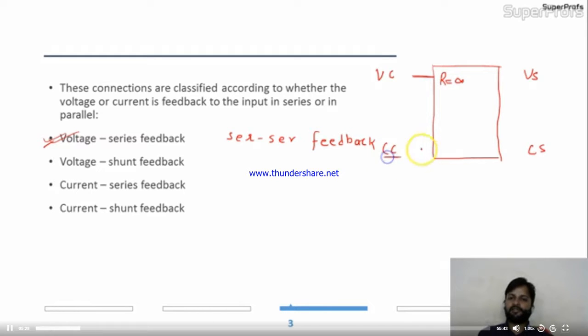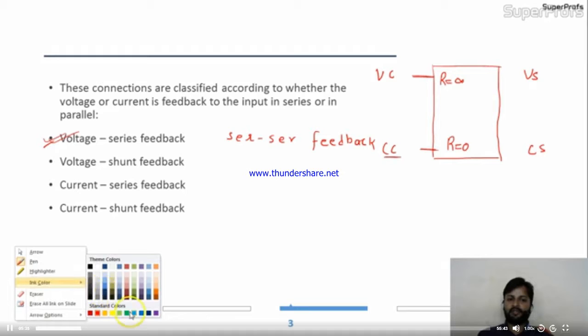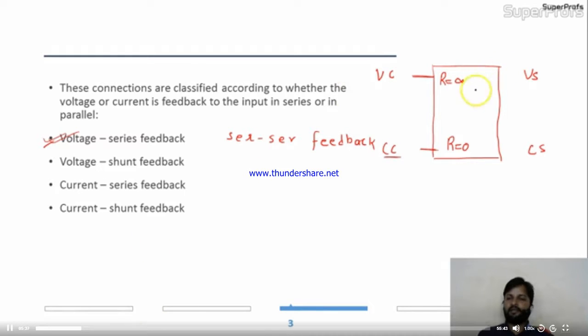If you have a current source at the input stage, your R will be 0. If you have a voltage source at the output, R naught should be 0. If you have a current source at the output, R naught will be infinity. So at the input stage, if voltage is there, R will be infinity. At the output stage, if current is there, R will be infinity. Is it okay? Please remember this.